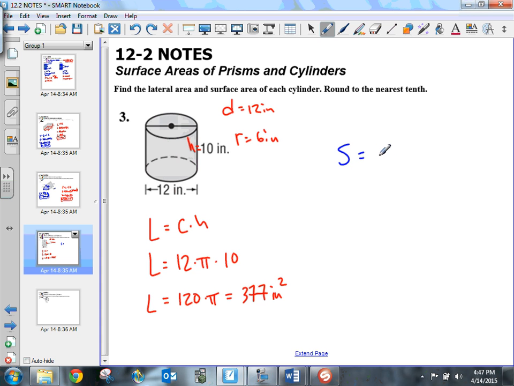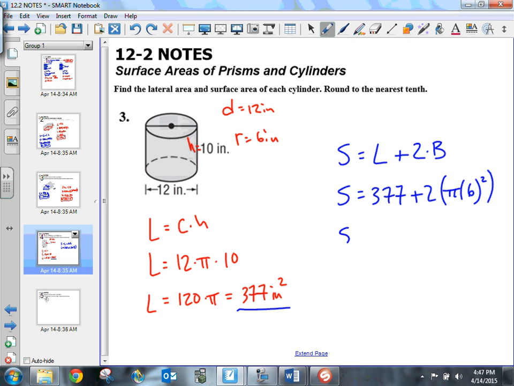Now, if I found my surface area, I would take the lateral area, which we know is 377, plus 2 times the area of the base. So my surface area is equal to 377, because that's my lateral area, plus 2 times the area of the base, which is pi times my radius, which is 6, squared.